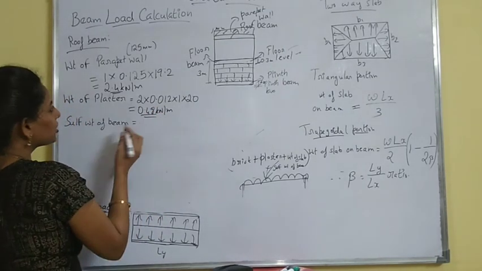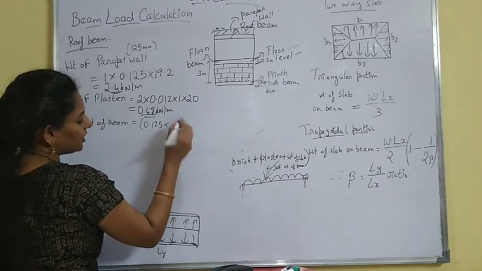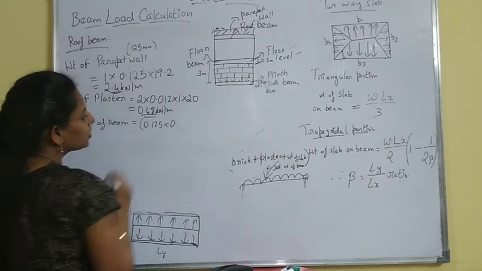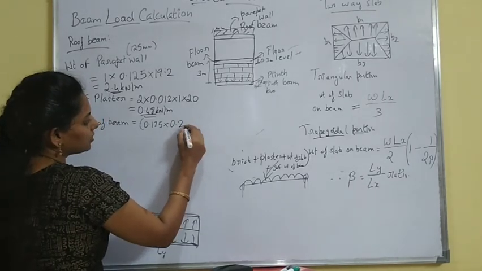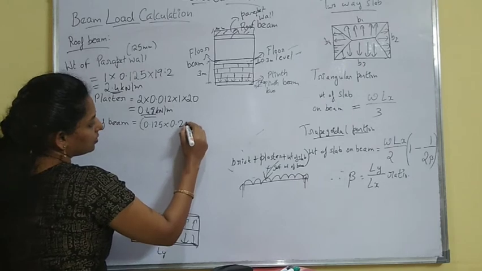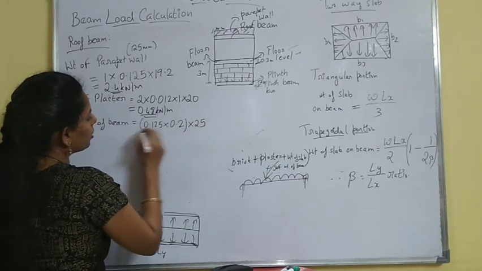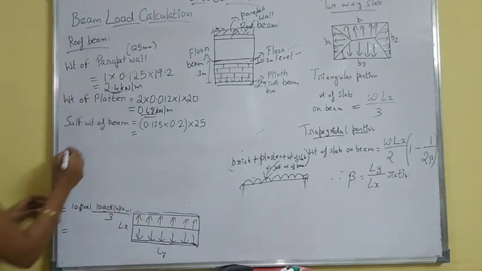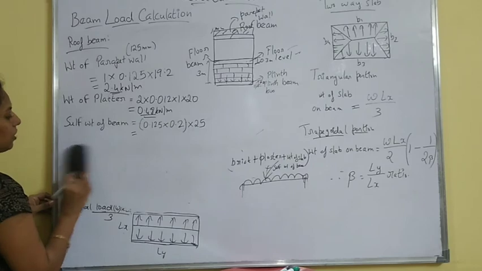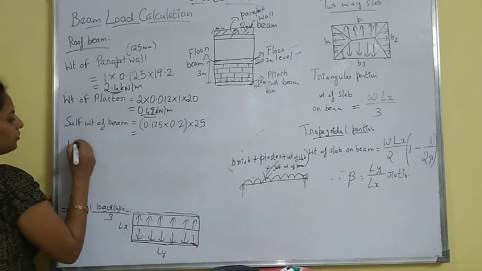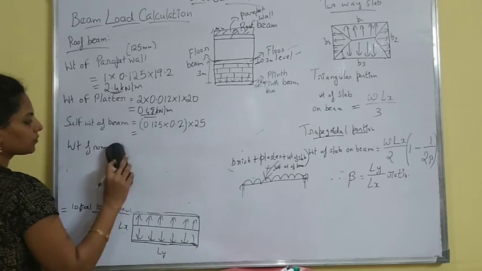Next, self weight. Here I'll assume a 125 by 0.2 mm beam size into the density of concrete. Then this total, then we have to consider the weight from the roof slab.